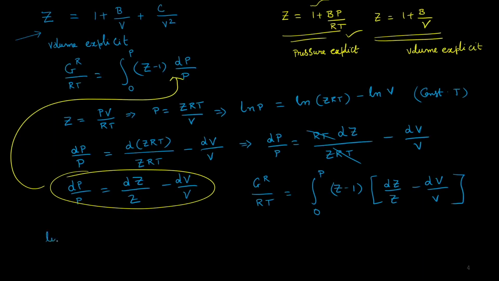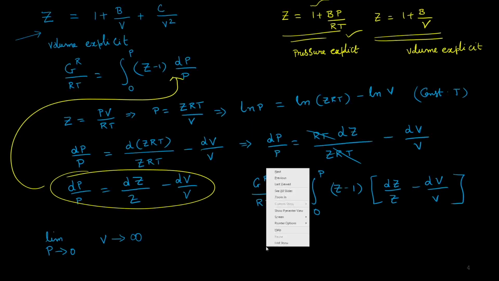Now, as P goes to 0, volume will go to infinity. As pressure goes to 0, the molar volume goes to infinity, right? So, keeping that in mind, let us see what happens to this integral for GR over RT. GR over RT is the integral with P going to 0, the volume going to infinity.